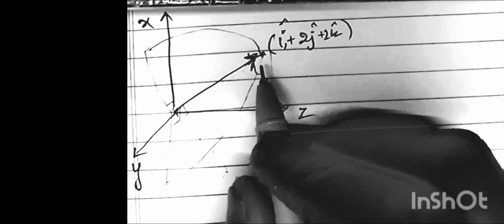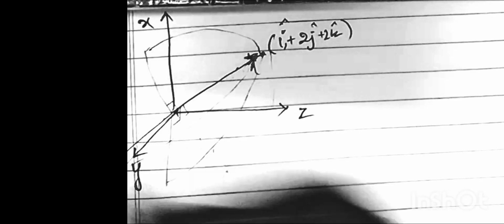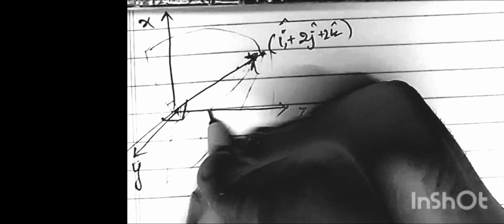That means at a point of rotation, we get an instant when the vector is collinear with the y-axis. That means I rotate the vector like this, and at one instant when I rotate, the final vector, let's say, is pointing towards this direction, making an angle of 90 degrees. So during the process of rotation, the vector was passing through the y-axis.